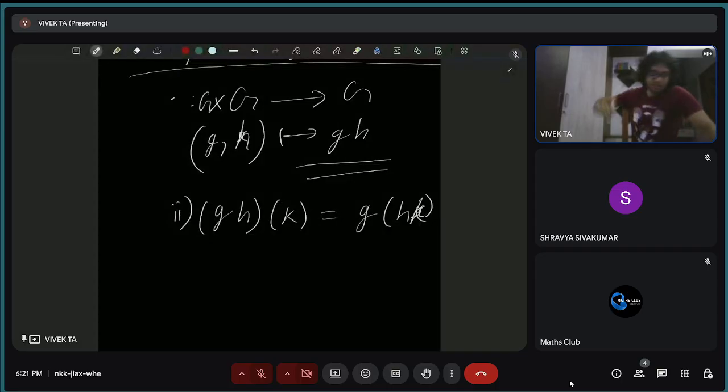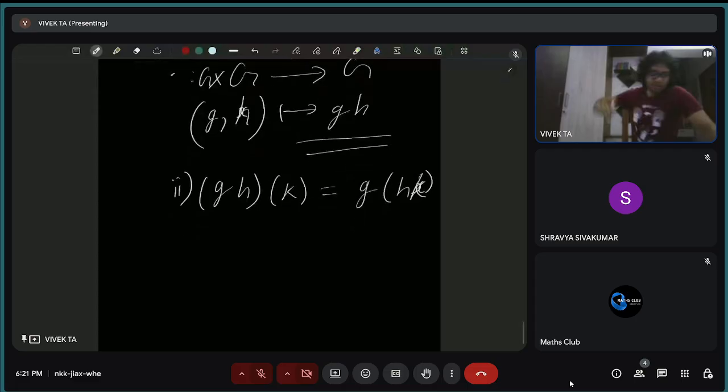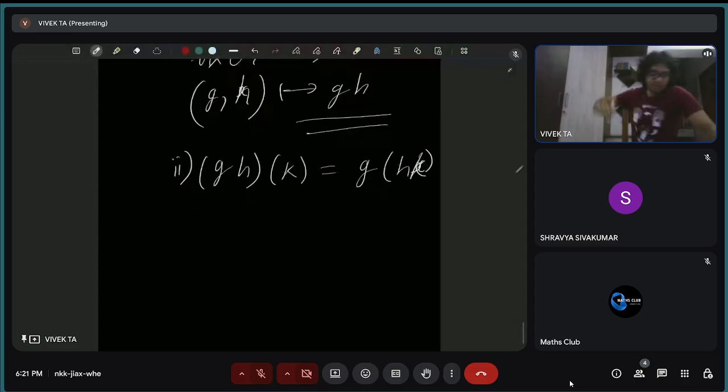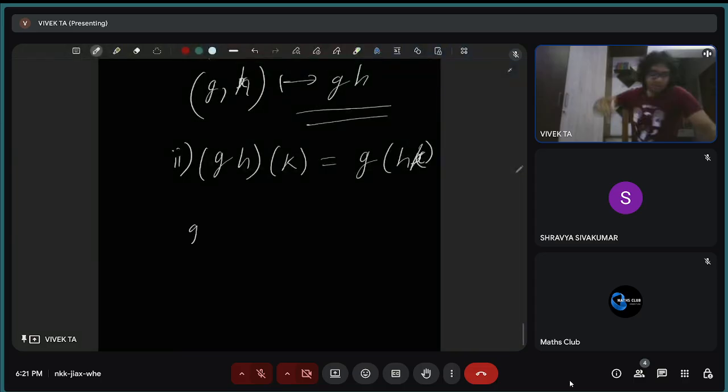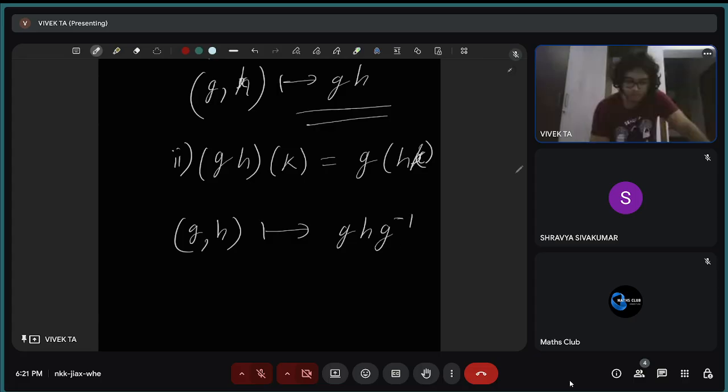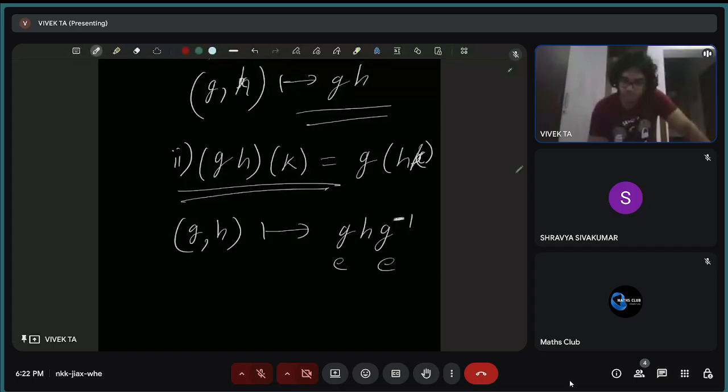And then conjugation: take GH and bring it to GHG inverse. This is the part where you have to take care of the property. The first property is obvious as well.